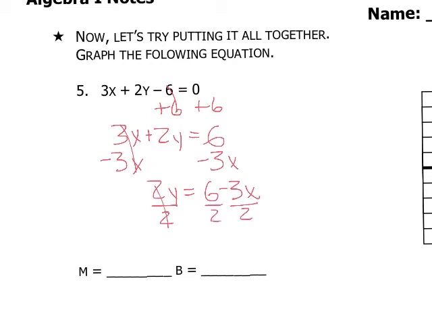So my slope-intercept form here is y equals 3 minus 3 over 2x. My fraction doesn't reduce, it doesn't become a whole number, so I just leave it 3 over 2. So then my slope is negative 3 over 2, because that's the number next to x, and my b is 3.